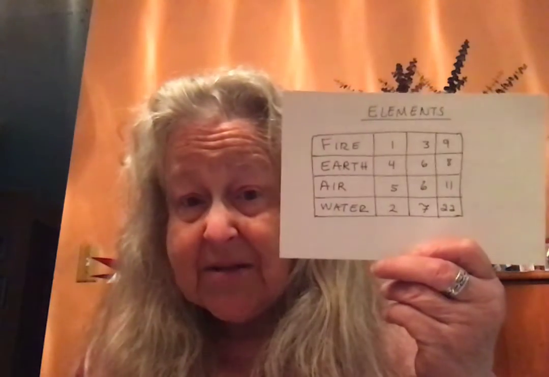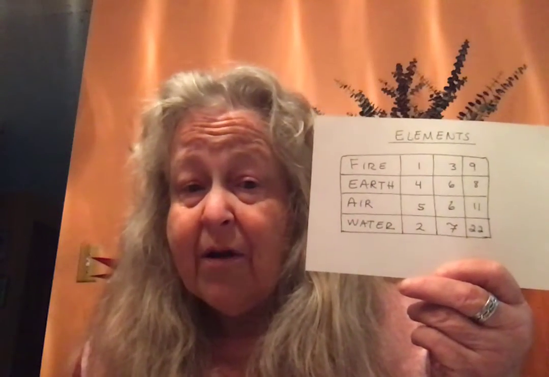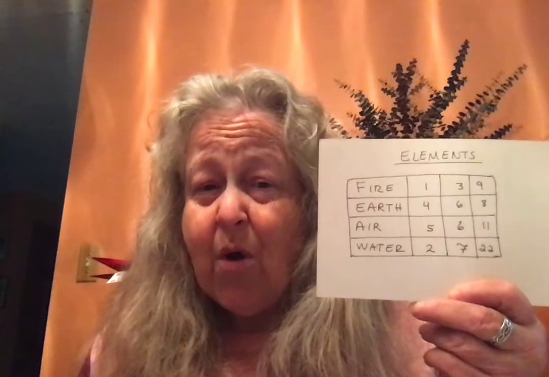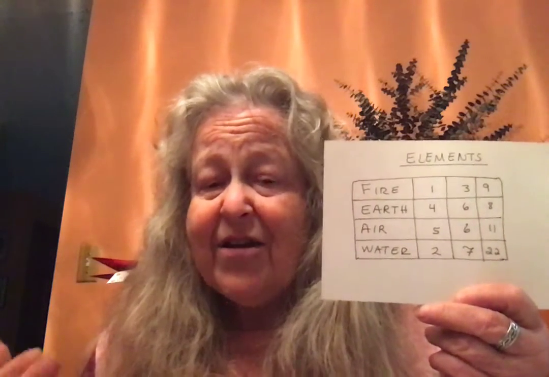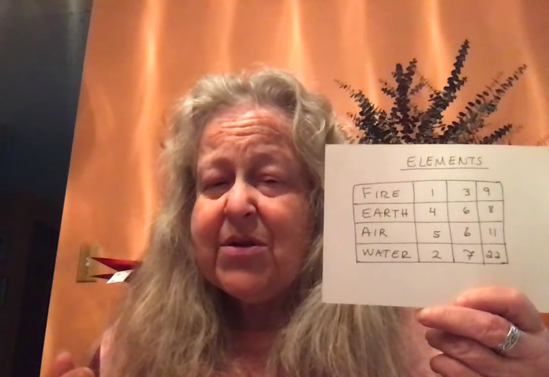Now, another chart we have is one that has elements on it. Now, you have 4 elements: fire, earth, air, and water. And the fire element, the numbers they evaluate to are 1, 3, and 9. Earth is 4, 6, and 8. Air is 5, 6, and 11. Water is 2, 7, and 22. Okay, now we get this from the inclusion table as well.